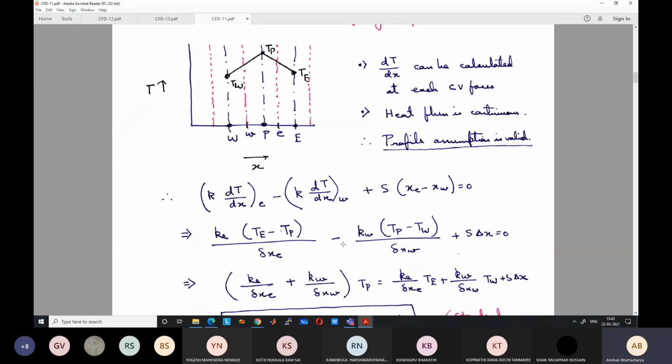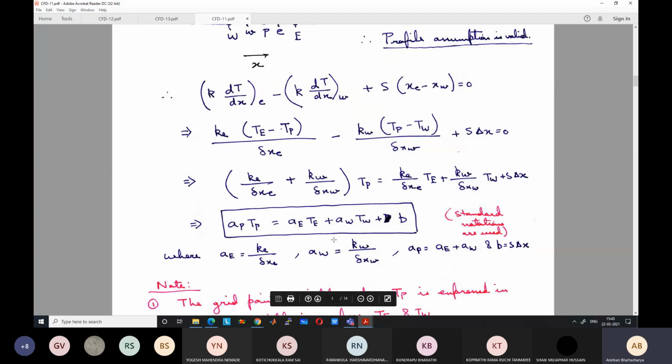We reorganize these terms to write an equation in terms of the unknowns of this form: APTP equals AETE plus AWTW plus this extra source term, B. Here AE is KE by delta xe, AW is KW by delta xw, known values. AP is equal to AE plus AW, this is also known, and B is also known, S into delta x. So all the coefficients are known, and the three temperatures are unknown.